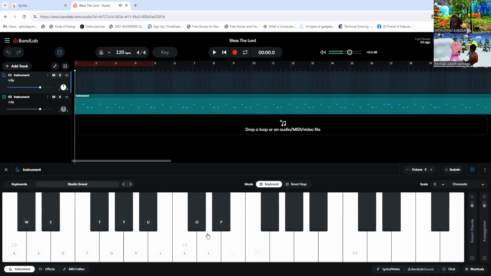Then you can try it. So you can practice as long as possible so that you can get used to the 3 chords, okay? Now, those are the chords.